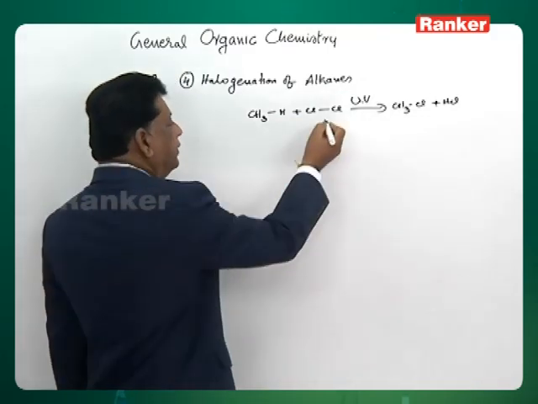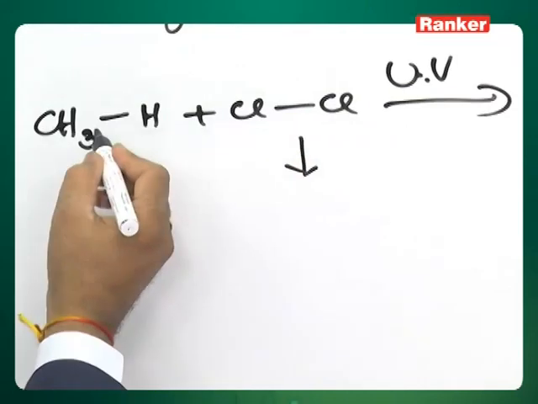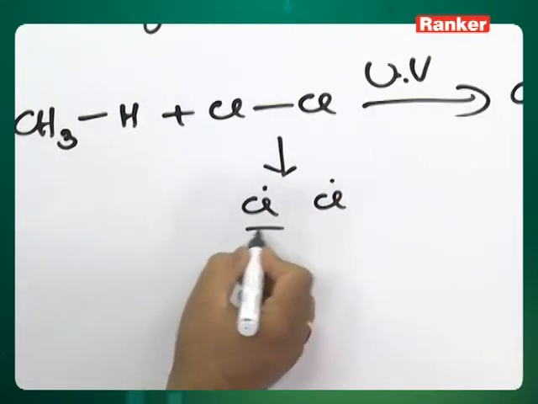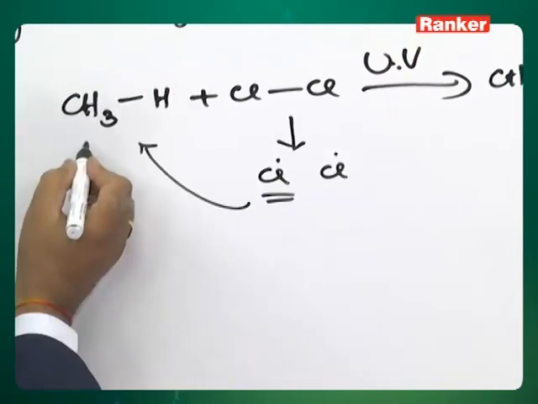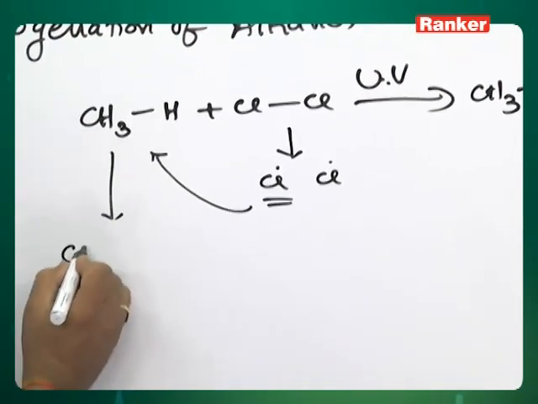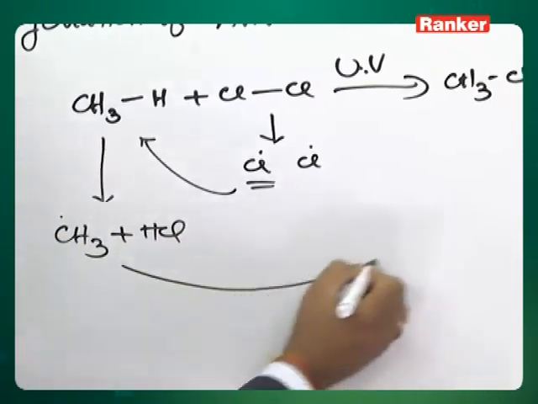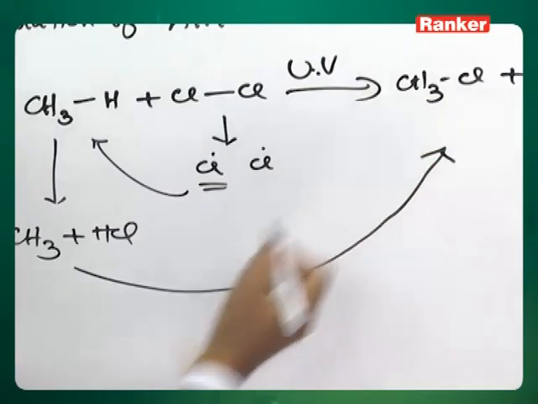The chlorine does not directly hit; it first breaks up into Cl dot and Cl dot. One of the chlorine dots will attack the methane and give the methyl free radical plus HCl. Now this methyl free radical is going to give the methyl chloride.